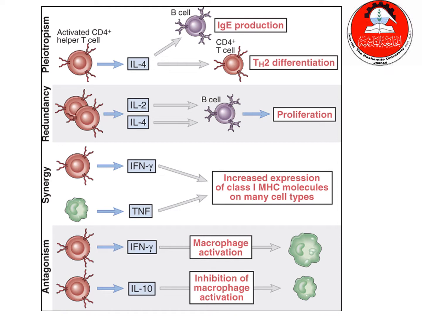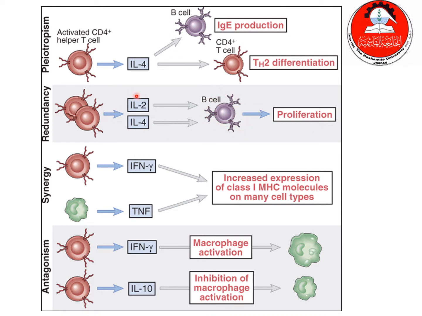So here we can see the pleiotropism effect. So the activated CD4 helper cell is going to release interleukin-2, which is going to lead to differentiation of both the IgE and T helper 2 differentiation. Redundancy, as we can see, interleukin-2 and interleukin-4 has the same role in proliferating the B cell.